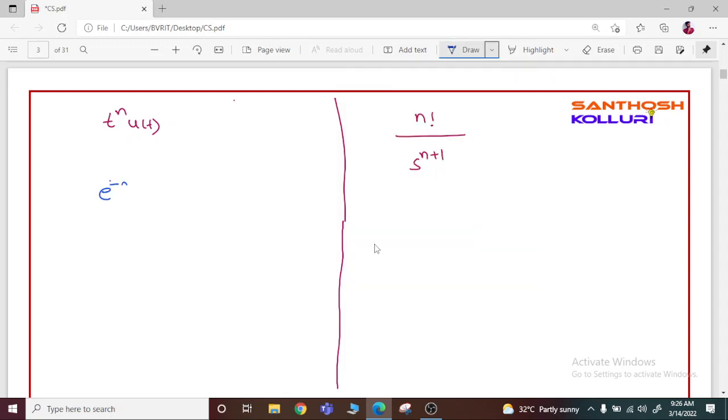If e power of minus at into u of t, then its Laplace transform is 1 by s plus a. Similarly, t power n into e power of minus at into u of t, then this is n factorial divided by s plus a whole power of n plus 1.